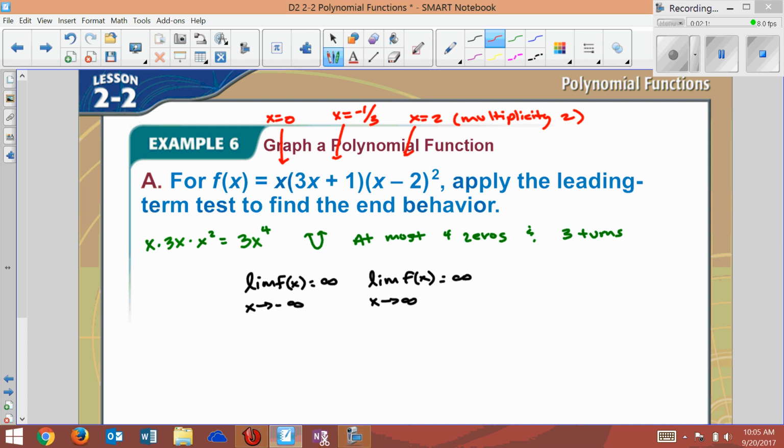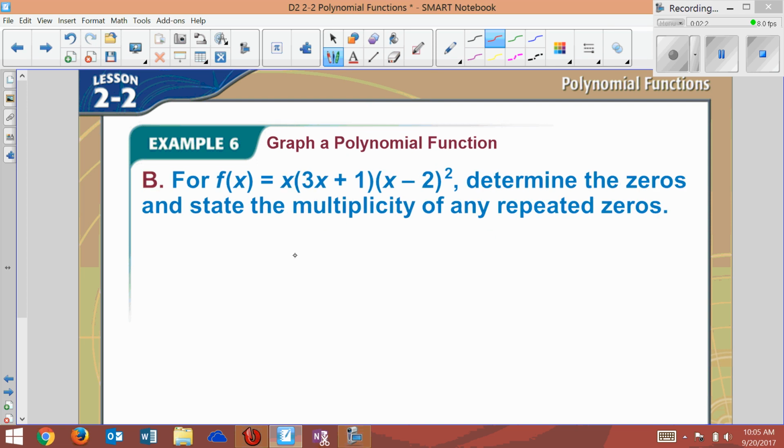All right. Now here, oh, it's the same thing. I just tied it all together. So we just determined the zeros and any multiplicity. We had x equals 0, x equals -1/3, and x equals 2 with multiplicity 2.